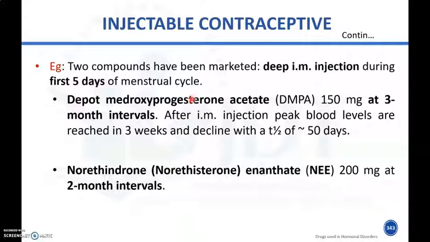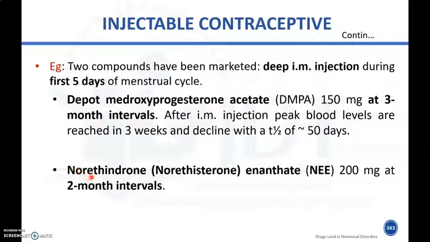Now these are some examples of injectable contraceptives, which are usually injected as deep IM injection during the first 5 days of the menstrual cycle. The first example is depot medroxyprogesterone acetate, 150 mg injected at 3-month interval. After the IM injection, the peak blood level is reached in 3 weeks and it declines with a half-life of 50 days.